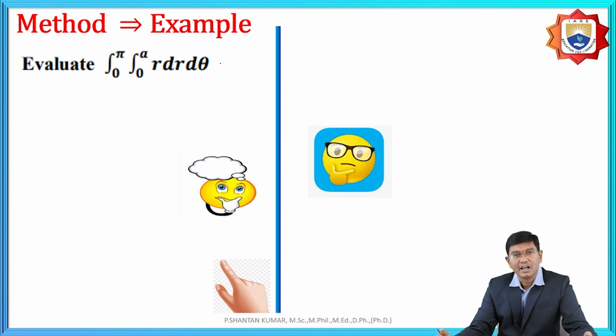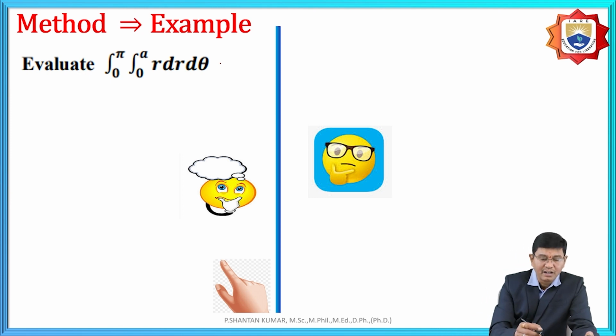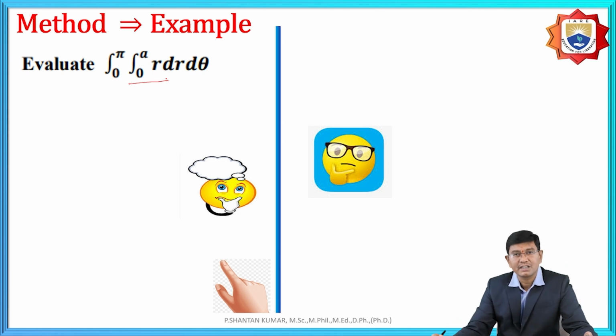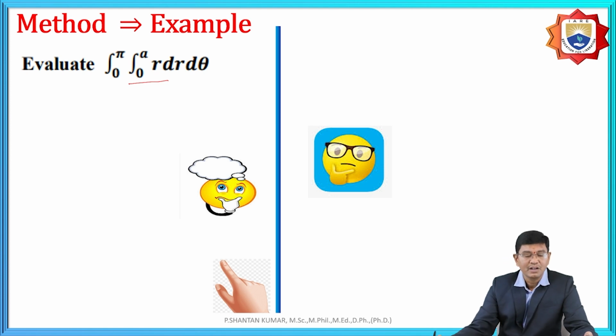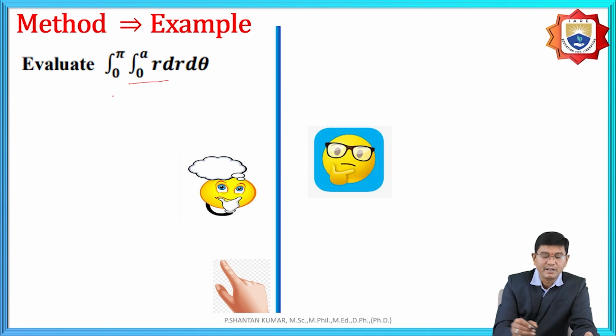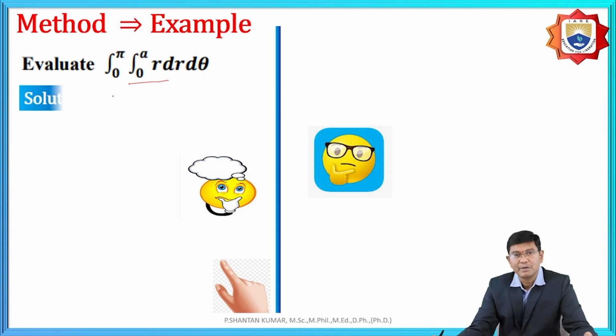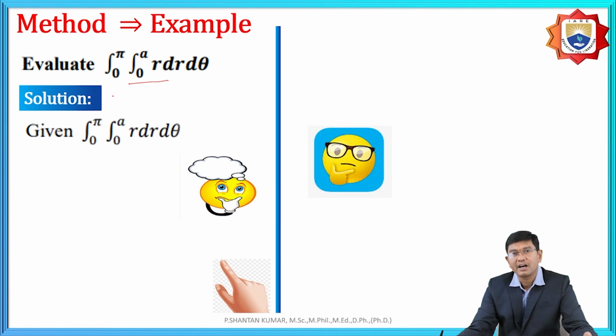As we know, the r limits are 0 comma a, because they are constant values, and the theta limits are in terms of pi values. Therefore, the limits are theta from 0 to pi, and r from 0 to a.